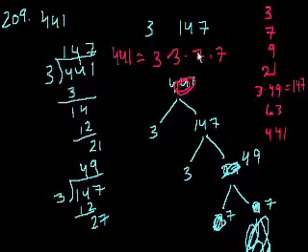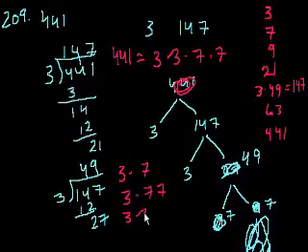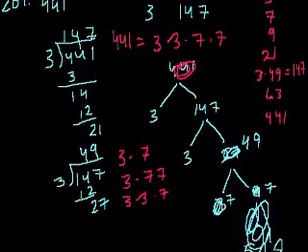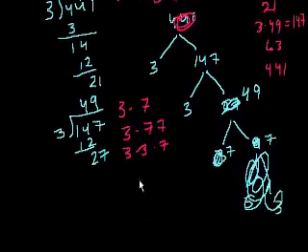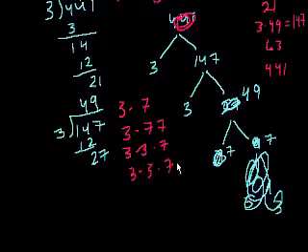You have one 3 and one 7. You have a 3 and two 7s. You have two 3s and a 7. And then you could have two 3s and two 7s. And then, of course, you have the 3 and the 7.